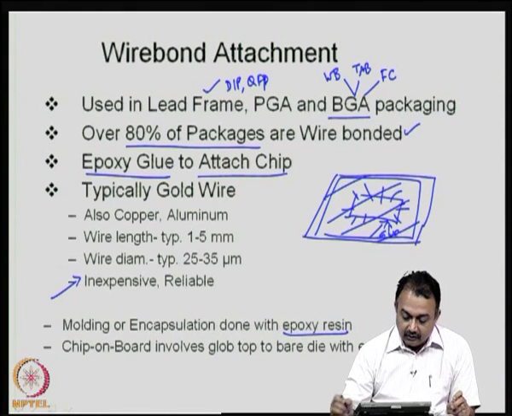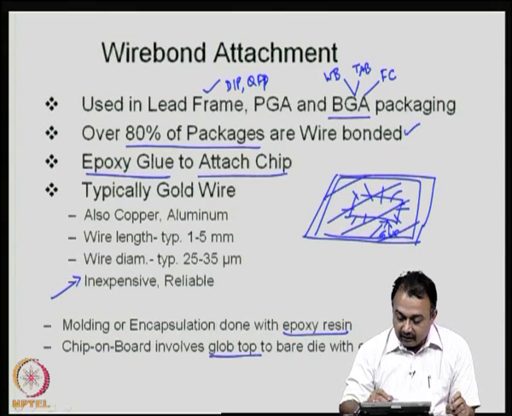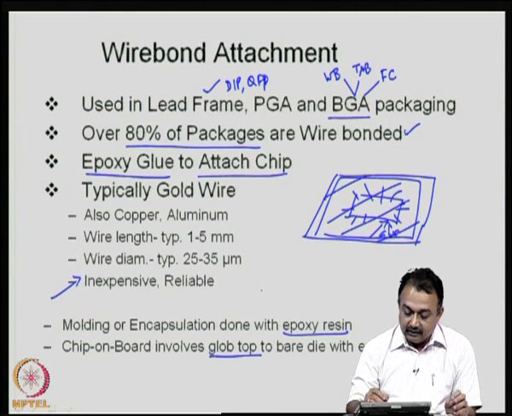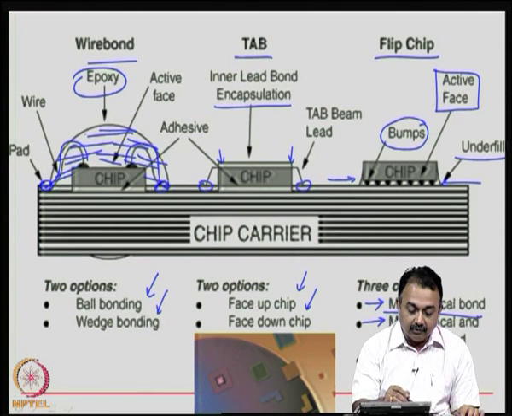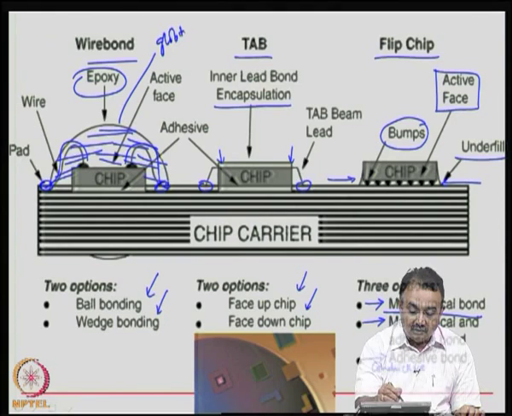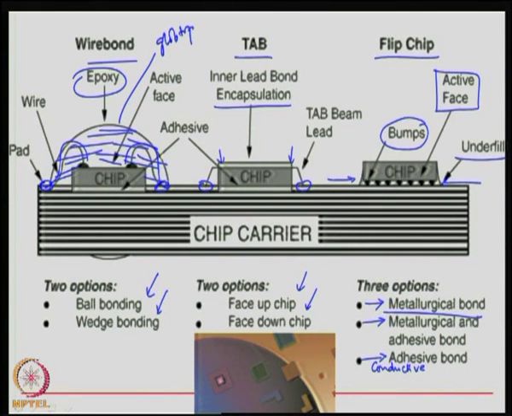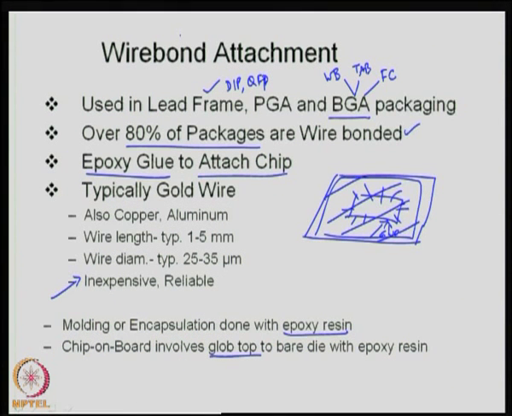Chip on board involves using a process known as glob top. So, as I said in the previous figure, this is known as a glob top. This process here, what we have seen, is known as a glob top process. So, we use a glob top to bare die with epoxy resin.